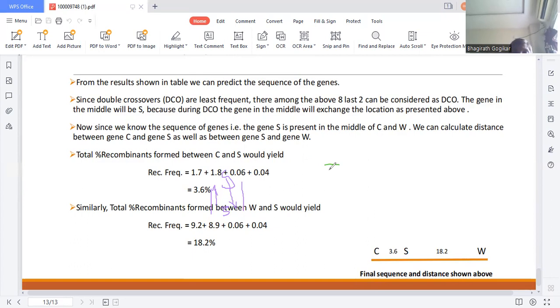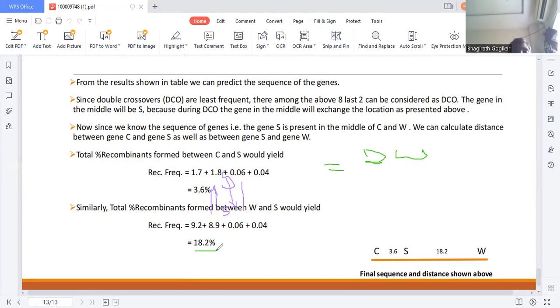Is equal to double crossovers, DCO, divided by total progeny into 100. So we are getting total recombinants: single crossover region 1, region 2, and double crossovers.